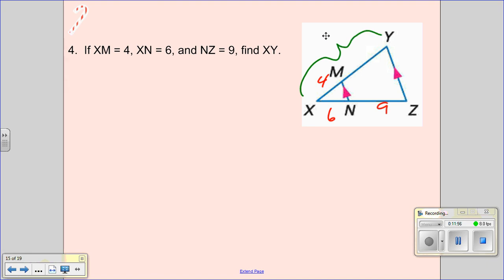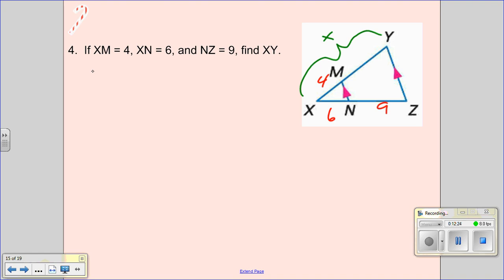We don't know what it is, so we're going to call it x. We're missing MY. If we knew what MY was, we could use the setups from the previous 2 examples. But since we don't, the best method in this scenario is to separate the triangles.